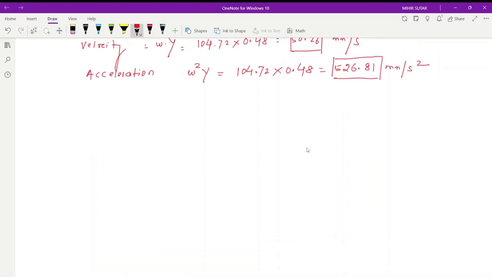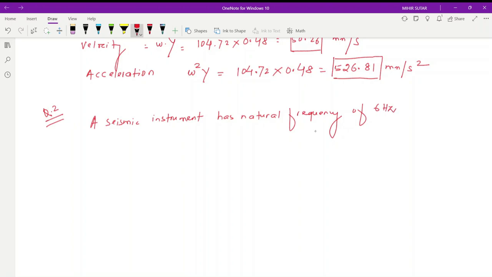Now, likewise, solve one example. Sorry, it is not an example, you can take this as an assignment. A seismic instrument has a natural frequency of 6 hertz.